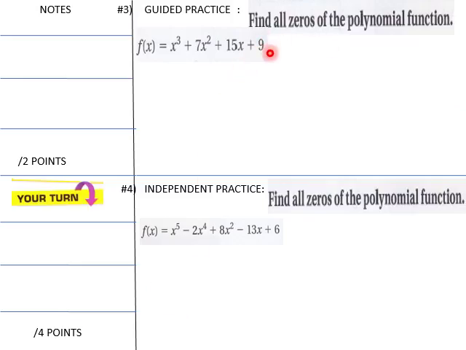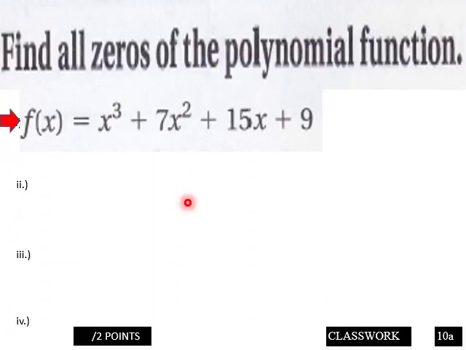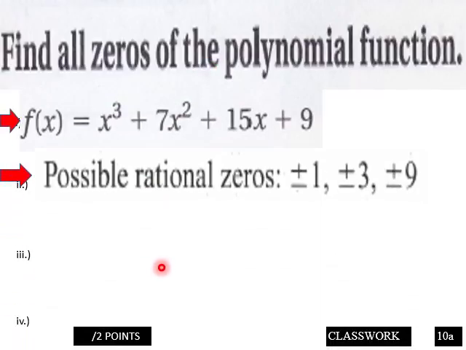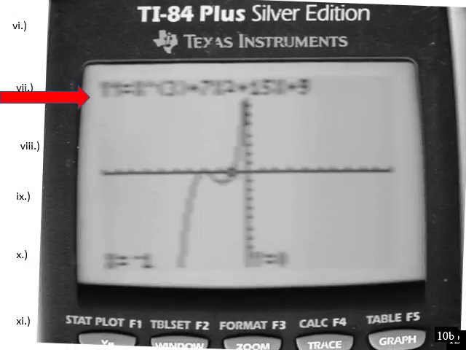Okay, find all the zeros of the polynomial function. So here is our polynomial. We come up with 1, 3, and 9 from our constant. And then we're going to check, and we come up with 1, 6, and 9. And this is the graph of that too. So right here at -1 is one of the solutions.